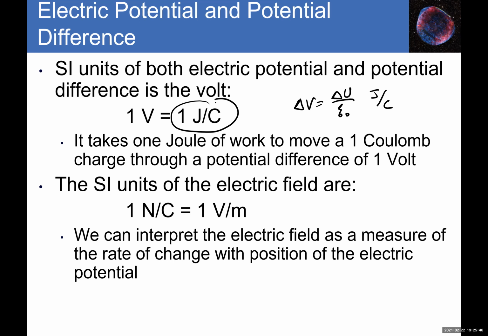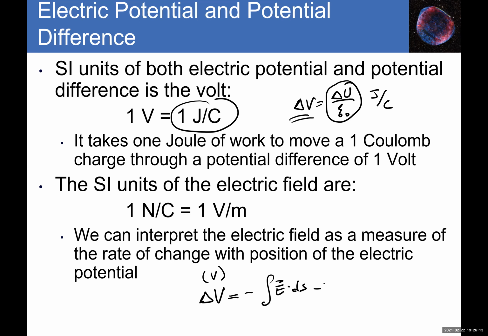The SI unit for the potential is volt. The SI unit for the potential energy is joules. That's why joules per coulomb is equivalent to volt. Now, delta V, which has a unit of volt, equals negative integral of E dot ds.